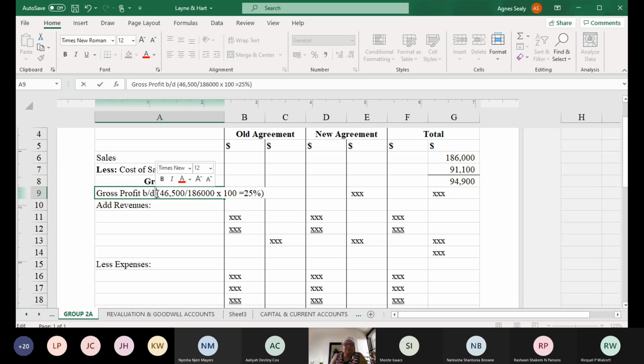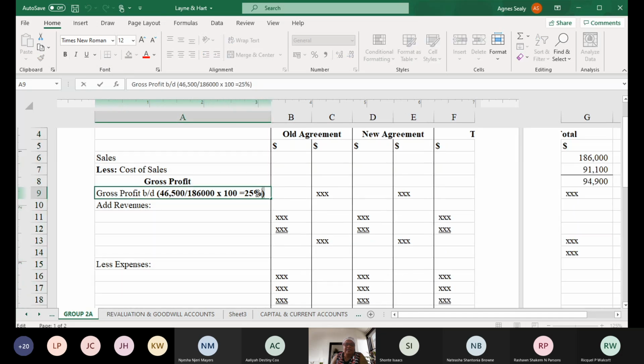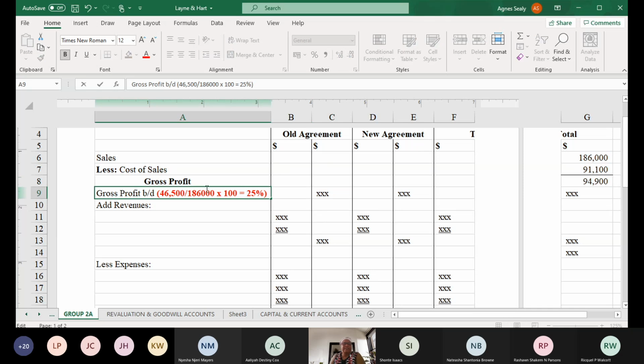Persons did, because they said that is the initial calculation, and it was stated that this 25% here is the amount of sales.